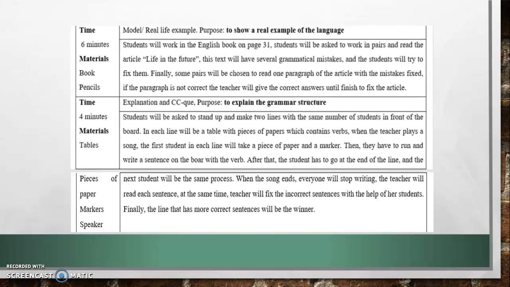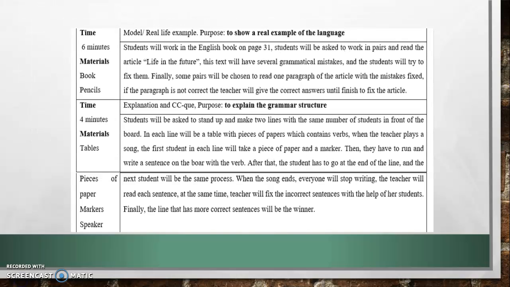The third activity is the model real-life example. The purpose is to show a real example of the language. Students will work in the English book on page 31. Students will be asked to work in pairs and read the article Live in the Future. This text will have several grammatical mistakes, and the students will try to fix them.